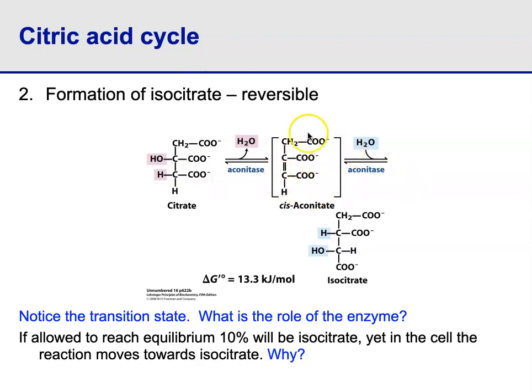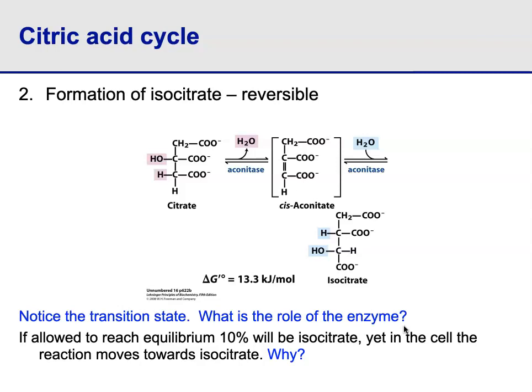Now notice this intermediate, which is the transition state actually, very unstable. But what is the role of the enzymes? How do enzymes work? How do enzymes make seemingly impossible reactions possible? By lowering the activation energy.